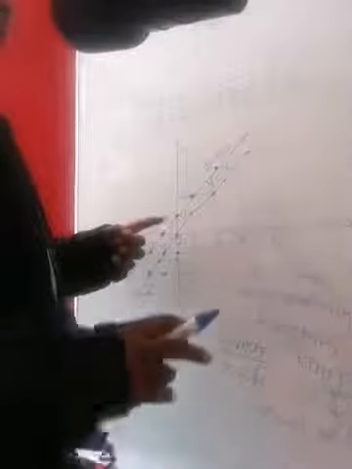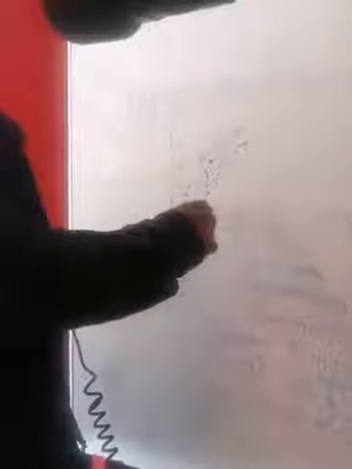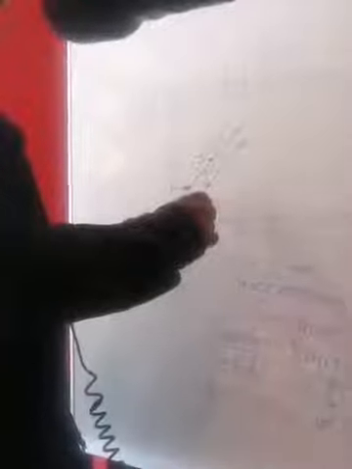When x is 1, y is 0, the 0 is on the x-axis. So that is where you plot it. Then when it is 2, you go to 1. So where they are meeting, put a dot there. Right, let's now join the points.